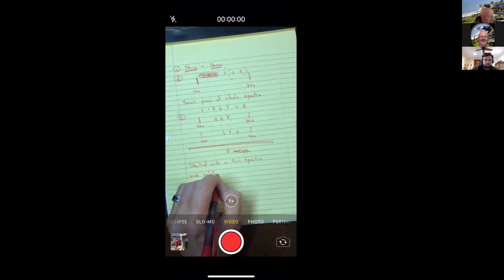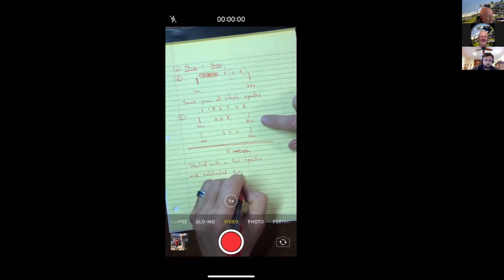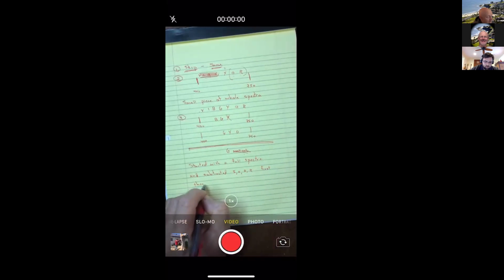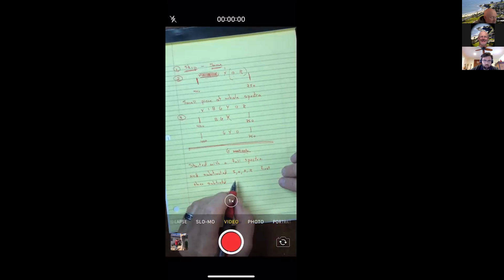So you could say subtracted indigo, violet, orange, and red first, then subtracted, and then what would have been left here would have been just this.